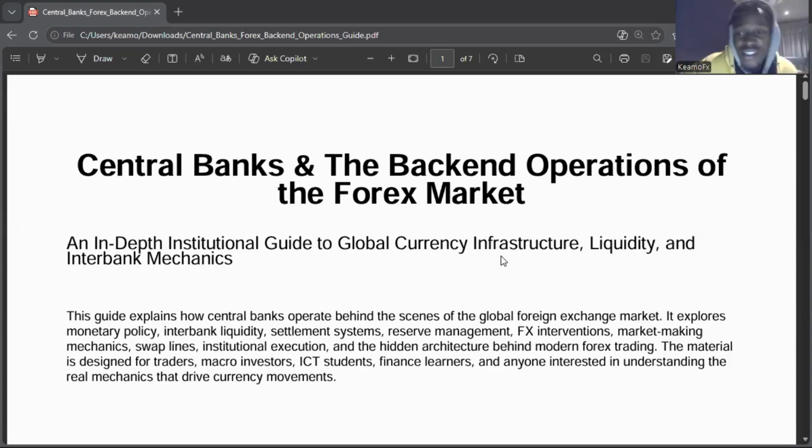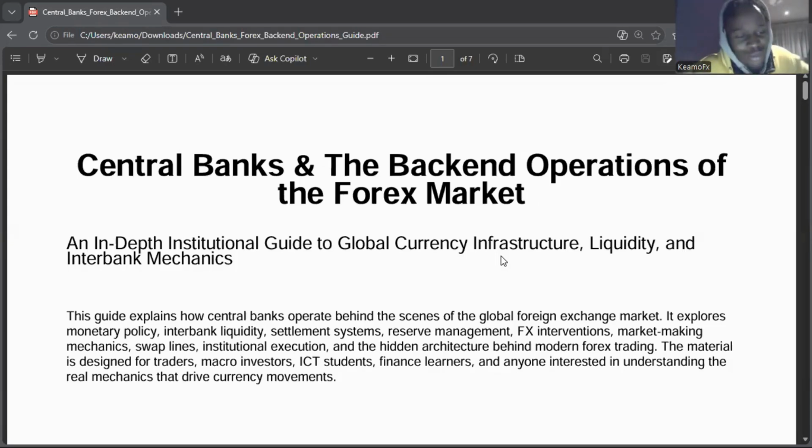Welcome to the beginner's guide of central banks and the back end operations of the Forex market. Essentially, this is an in-depth institutional guide to how global currency infrastructures work, based on liquidity and interbank mechanics. This guide explains the behind the scenes of the global foreign exchange market.